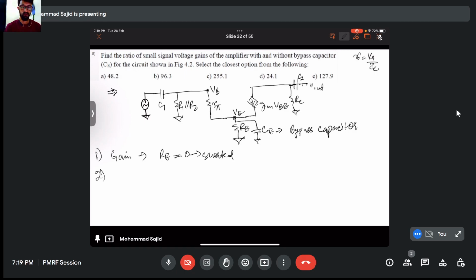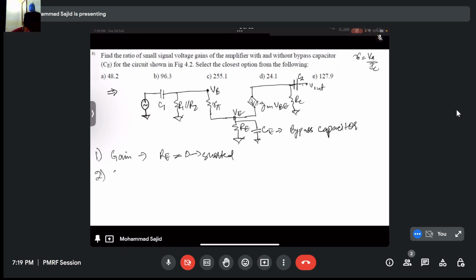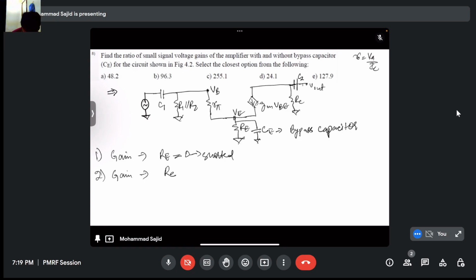And we have to find the gain when RE is not shorted, that is, CE is not present. Also, this is our equivalent circuit.